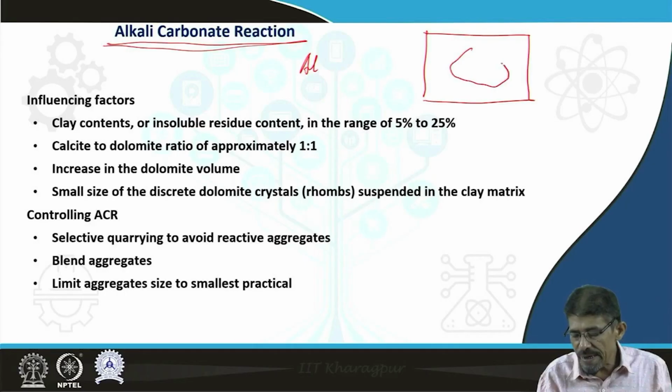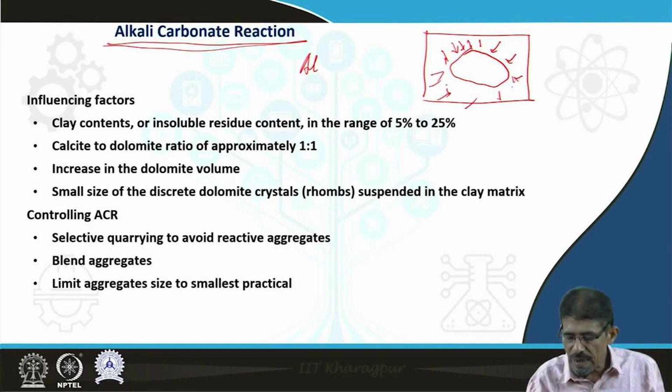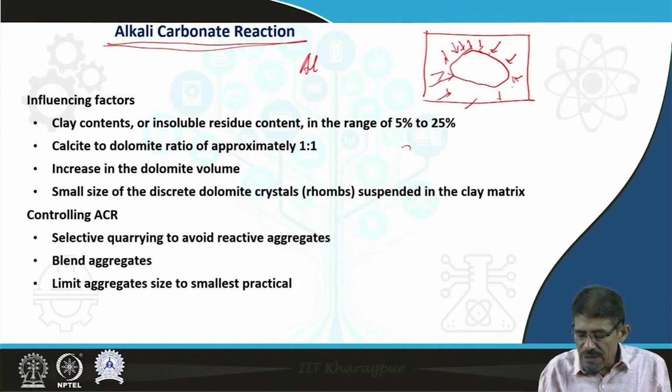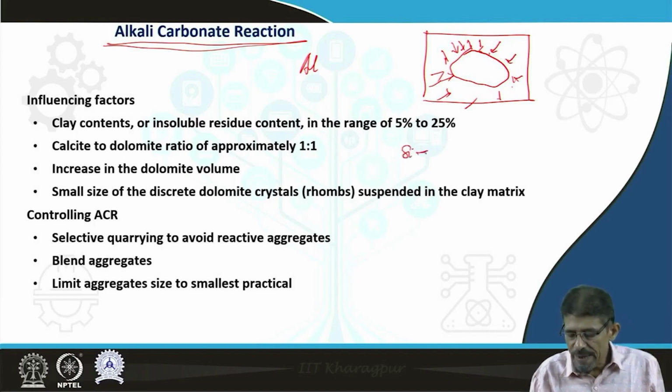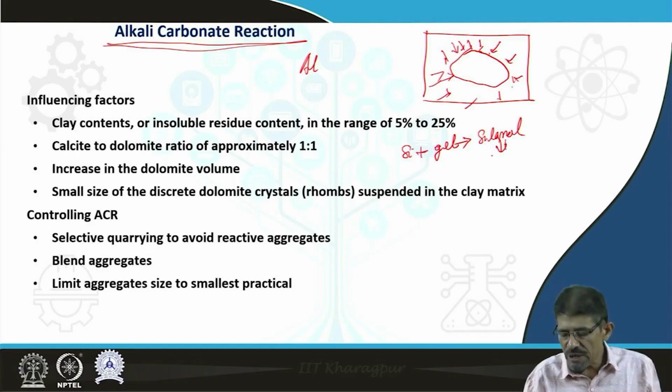If the aggregate belongs to dolomite, then the alkali present in cement first interacts with the water present in the cement paste, making alkali hydroxide. This alkali hydroxide is going to interact with the dolomite. In case of silica containing aggregate, when there is a formation of gel, this gel belongs to the silanol group. Silanol group material has susceptibility to expansion in volume.